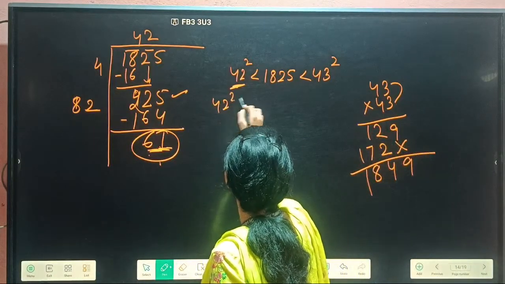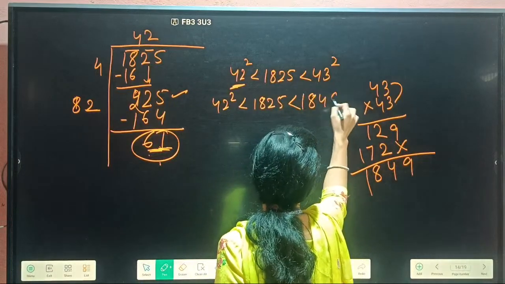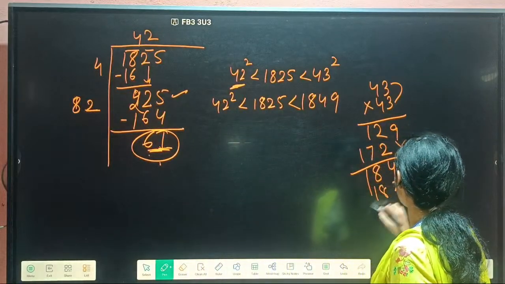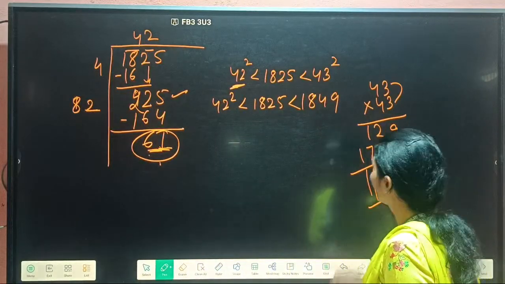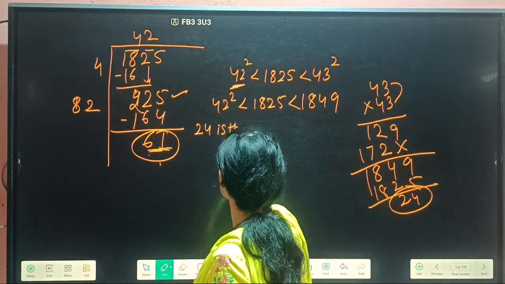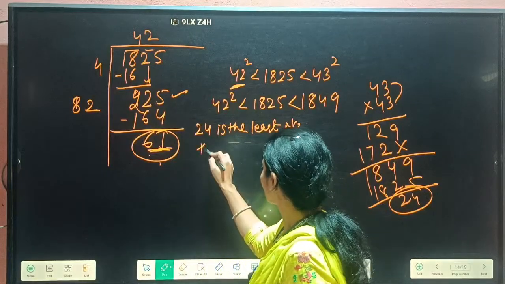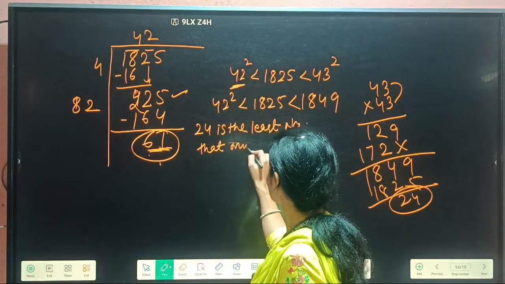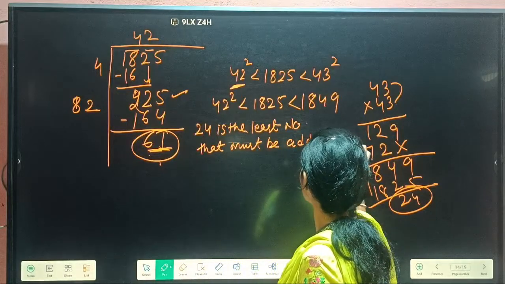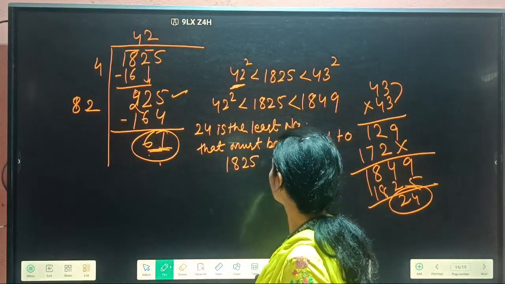This 42 square is 1764 and 43 square is 1849. So subtract 1825 from this, you will get 24. So 24 is the least number that must be added to 1825.